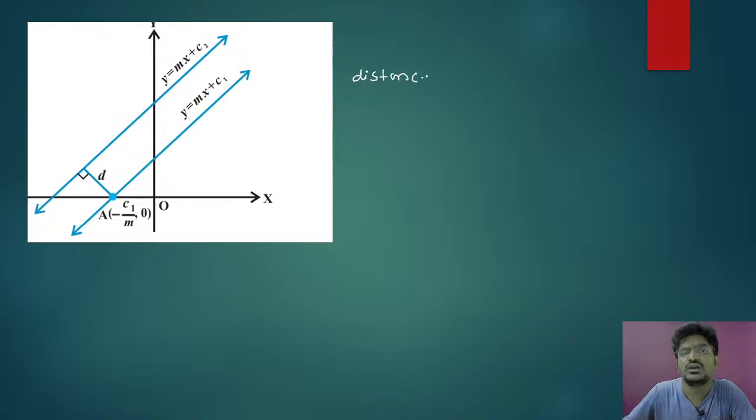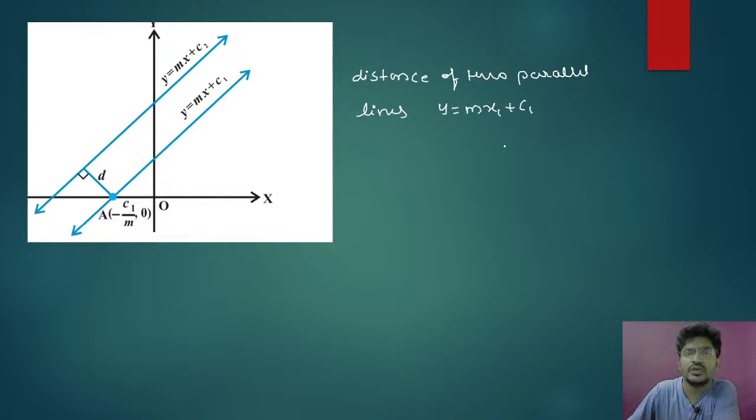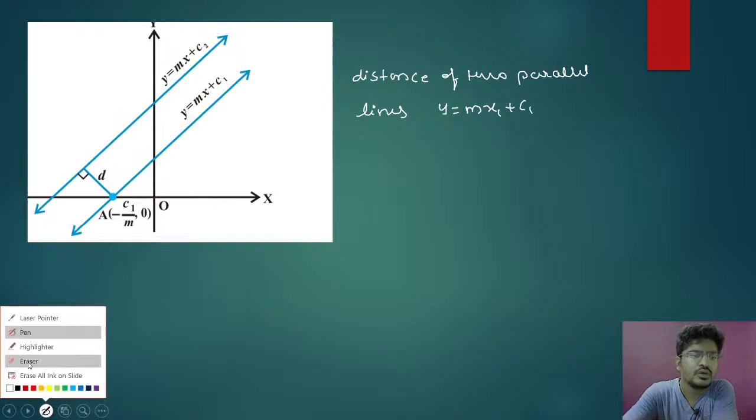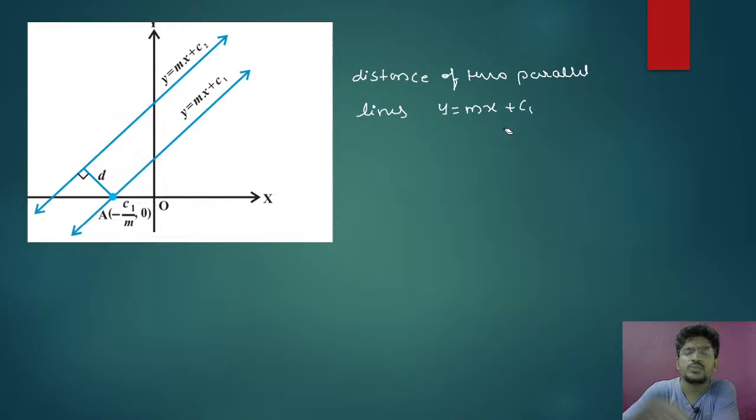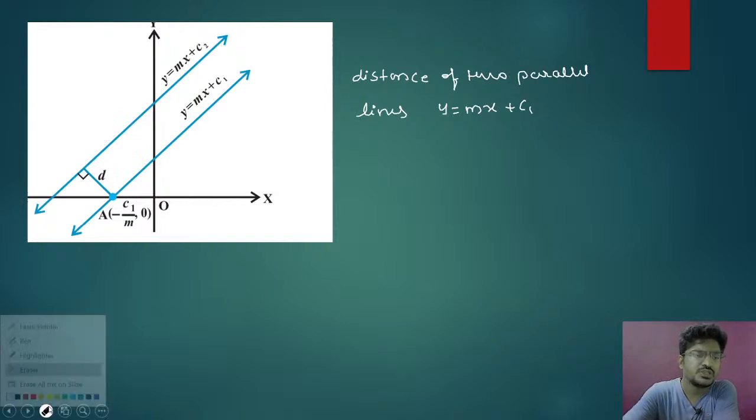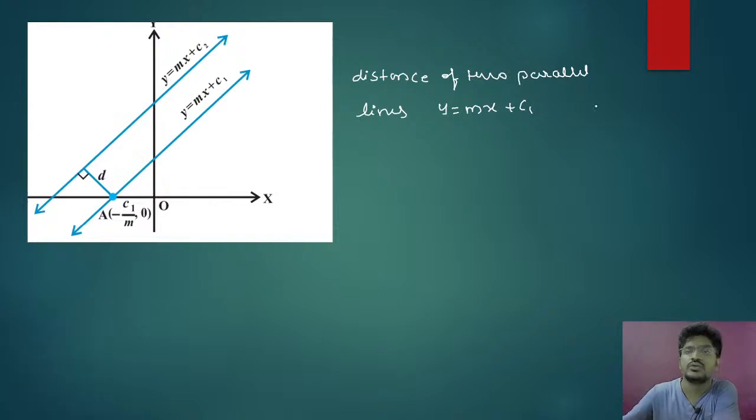In the same way, the distance between two parallel lines. Here the parallel lines are given by y equal to mx plus c1 and y equal to mx plus c2, as given in the diagram.